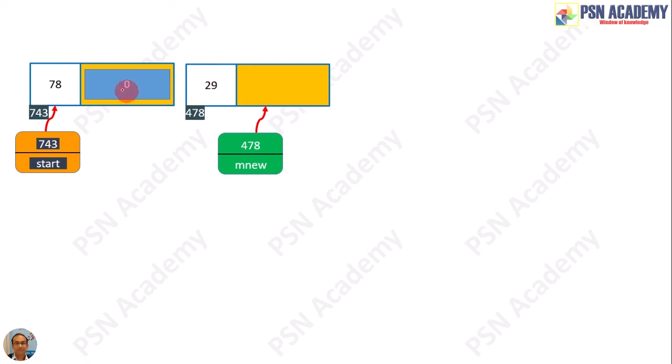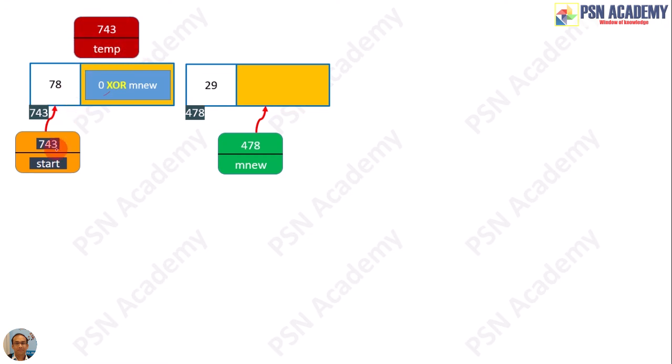Now you know the previous address is 0, so 0 will be there, and you will get the address of the next node from mnew. So you use mnew over here, which will tell you the address of the next node. You perform the XOR operation between 0 and the mnew's value, and you will get the XORed value over here. It's so easy.